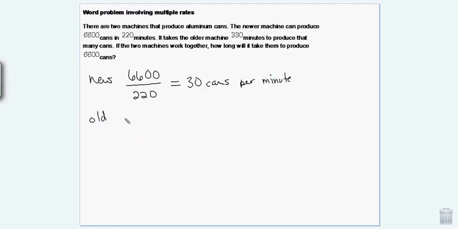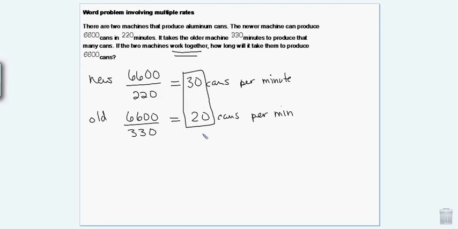Okay, the old machine does the same number of cans in 330 minutes. That is a rate of 20 cans per minute. We want to know if they're working together, how long will it take them to make that same number of cans?